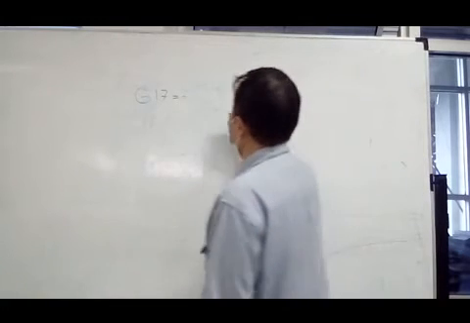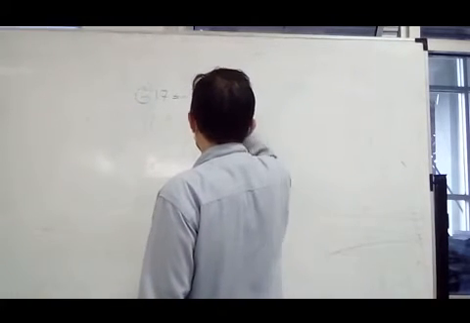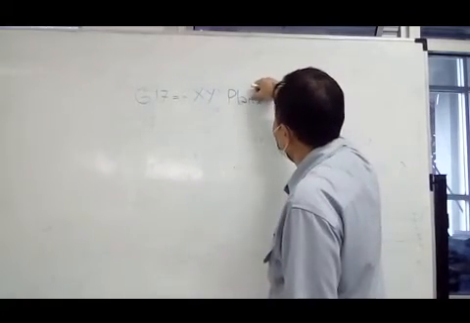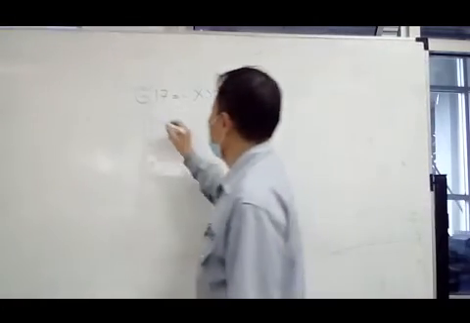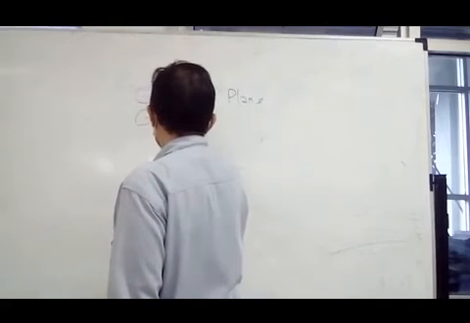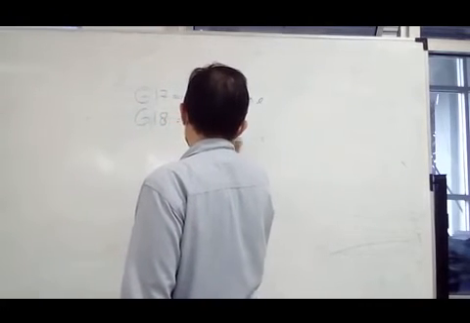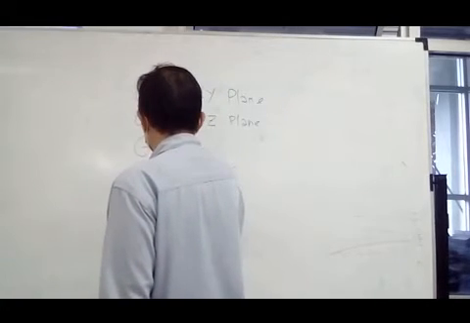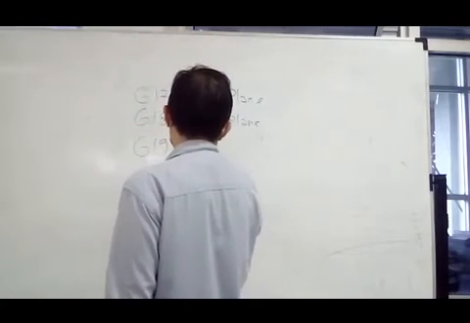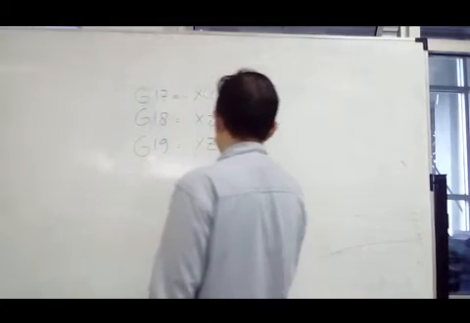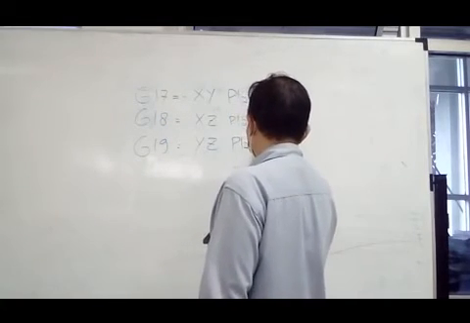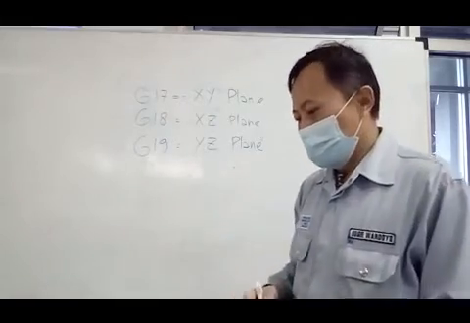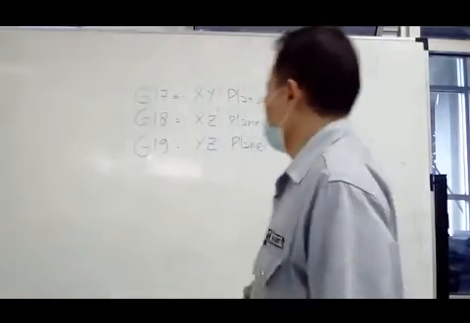G17 is the XY plane, and then G18 is the XZ plane, and G19 is the YZ plane. Okay, these are the planes.